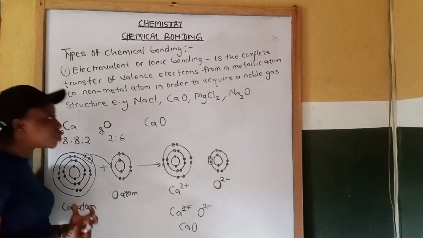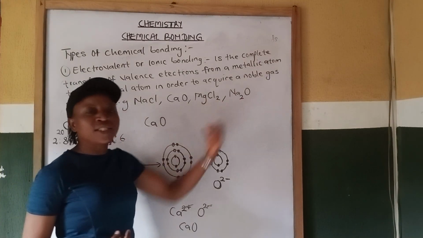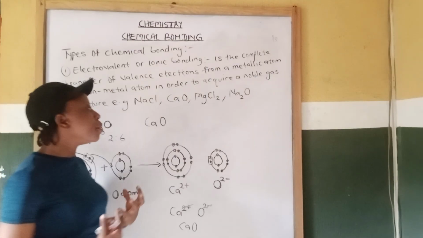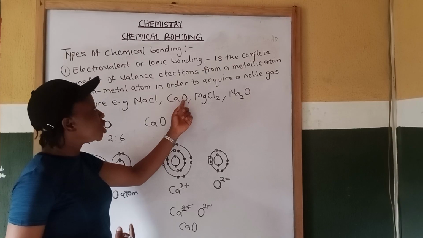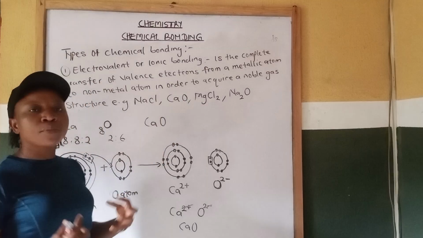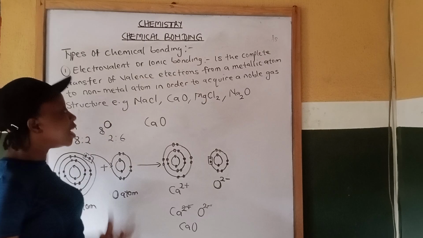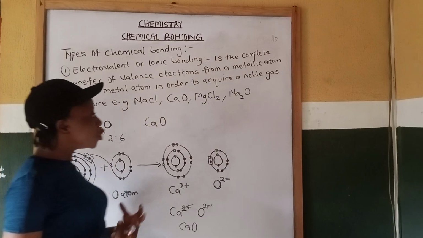So what joins the 2 atoms together to form sodium oxide is called a chemical bond. It's called an electrovalent bond. So what joined calcium and oxygen atoms together to form calcium oxide is called an electrovalent compound.